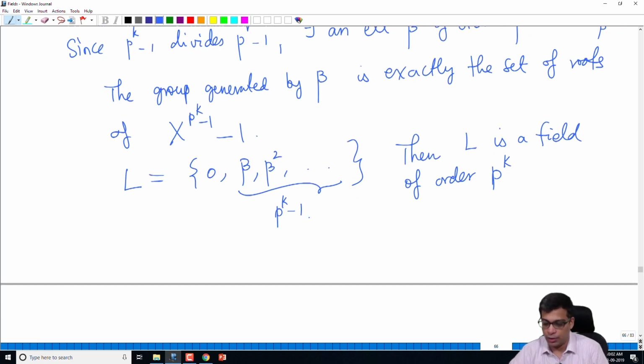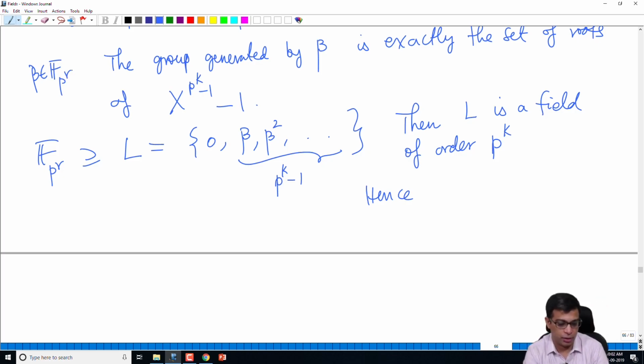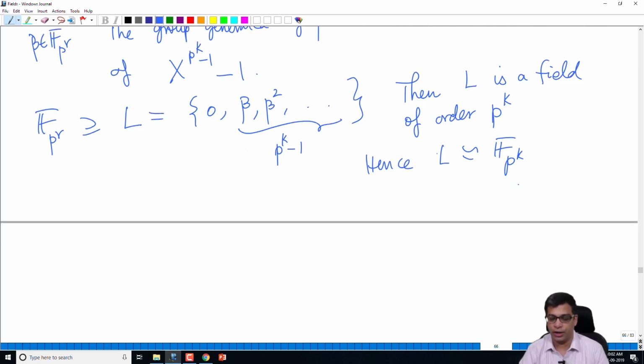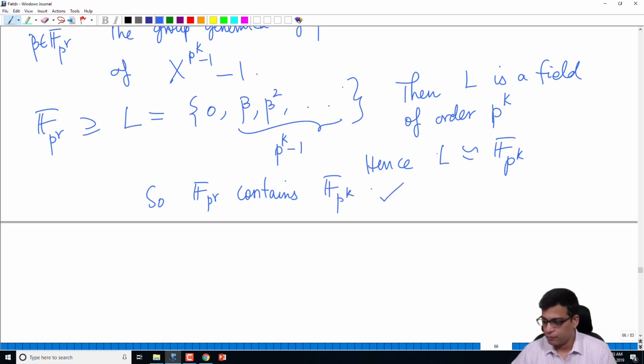So this is a field of order p power k, and L is of course in FQ, because these are all elements in FQ. Beta is in F p power r, so these are all in F p power r. Hence L is isomorphic to F p power k, because it is a field of order p power k, so it is isomorphic to the unique field of that order. So F p power r contains F p power k.